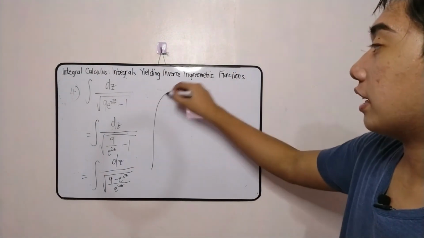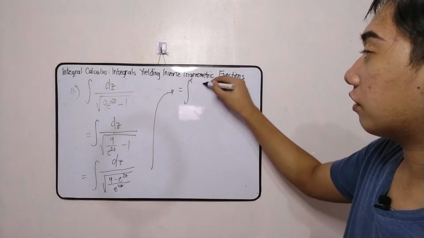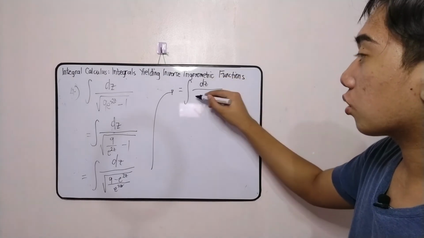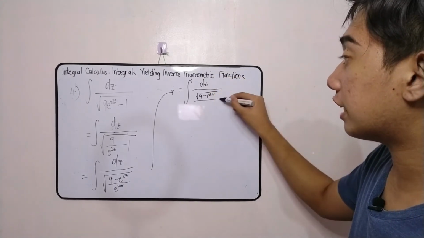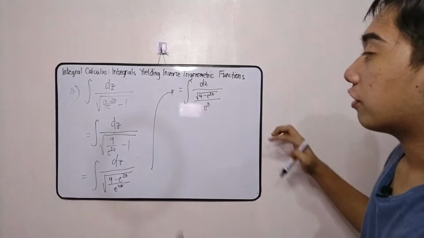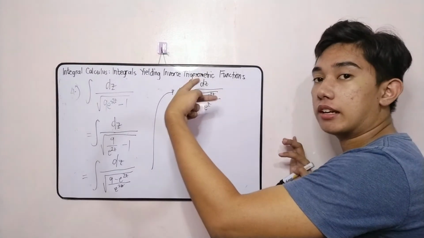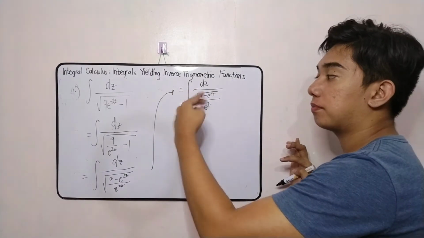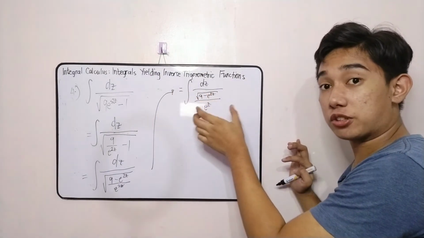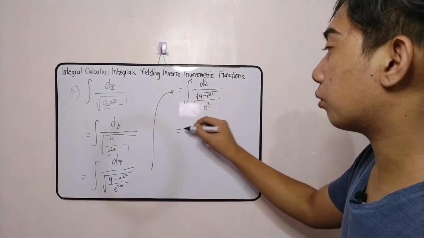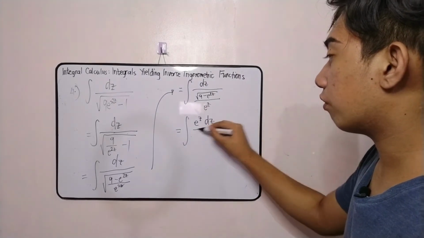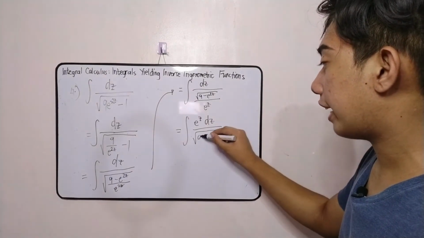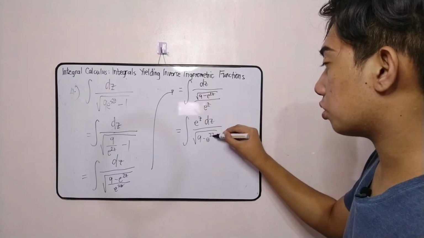The square root of this one is e raised to z na lang po siya. And for this case, we can do reciprocal, kasi fraction yung nasa divisor natin. So, magiging e raised to z dz all over square root of 9 minus e raised to 2z.